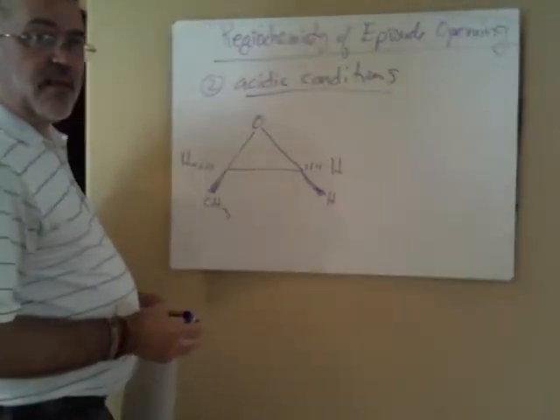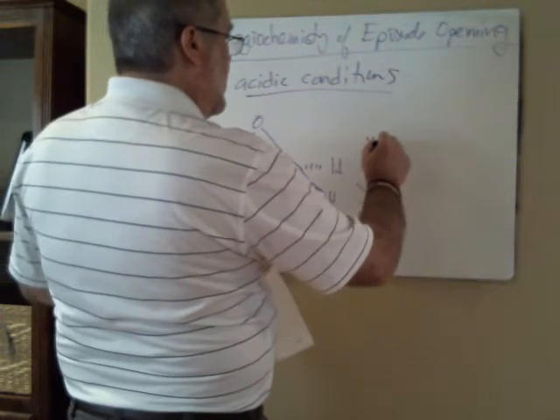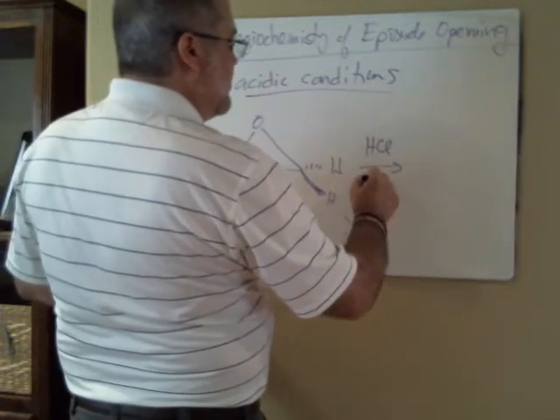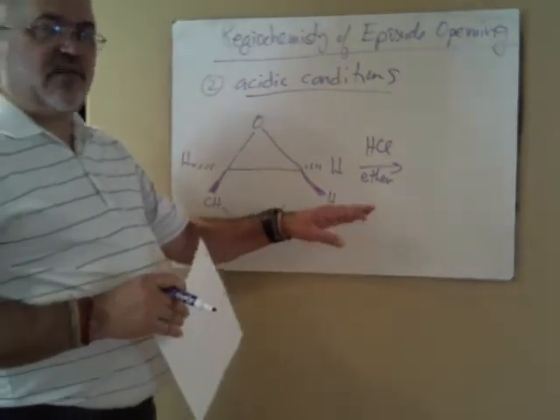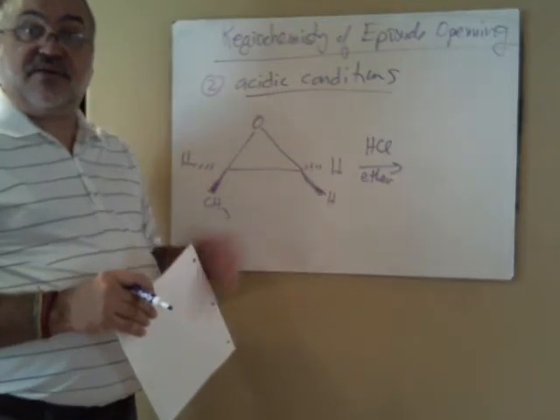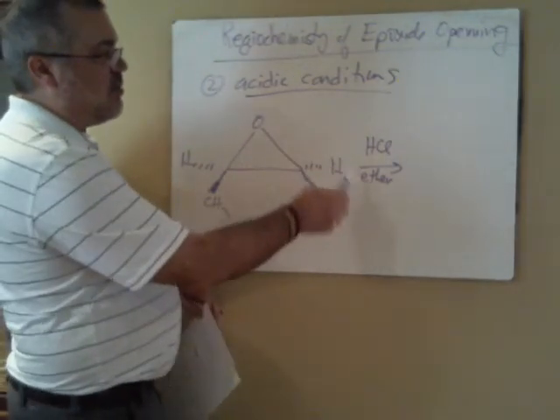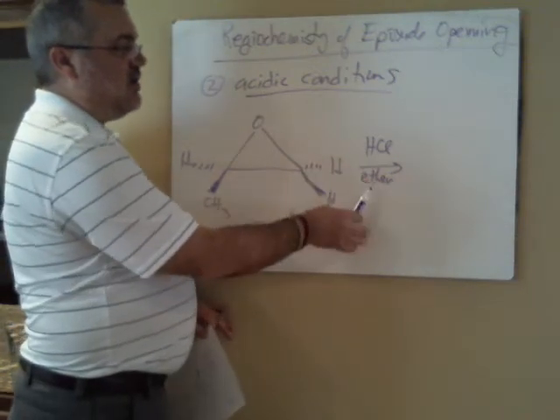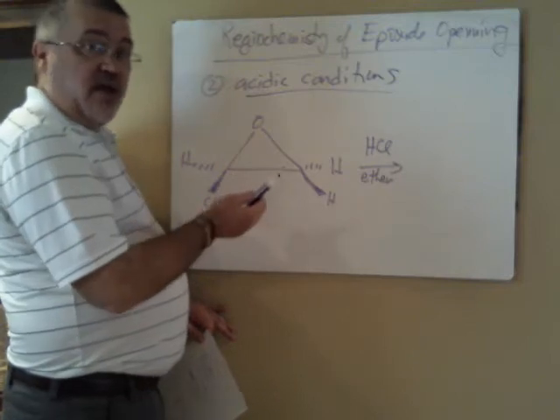Okay, and then I'm going to react this with HCl, and I'm going to put ether here as the solvent because I'm emphasizing the fact that this is not aqueous. This is that anhydrous HX that we talked about. No water present. HCl and ether. Okay? And so we know what happens, right?